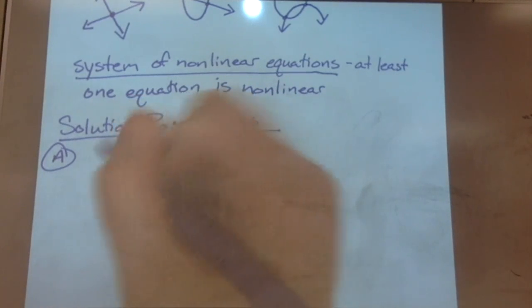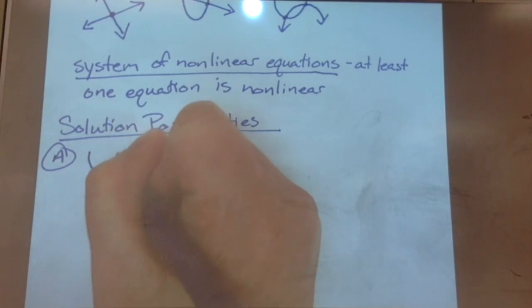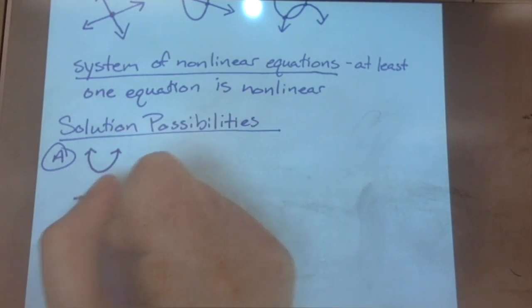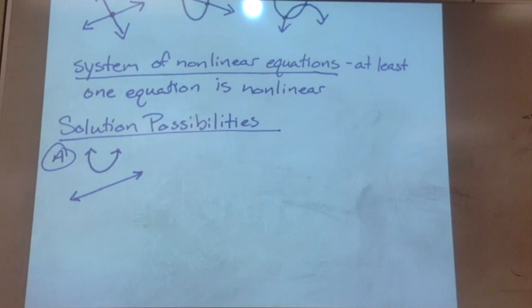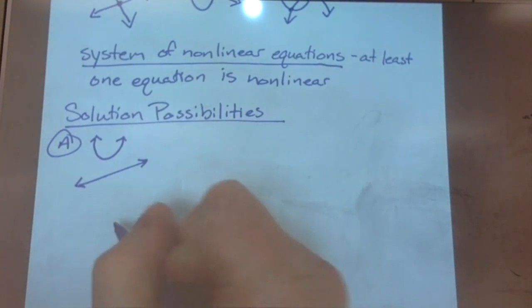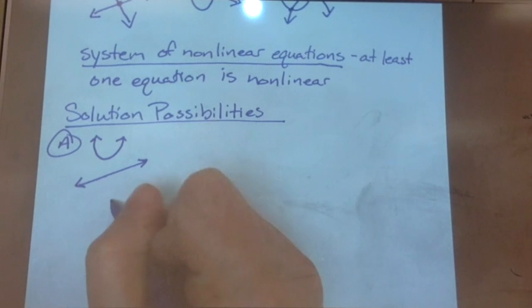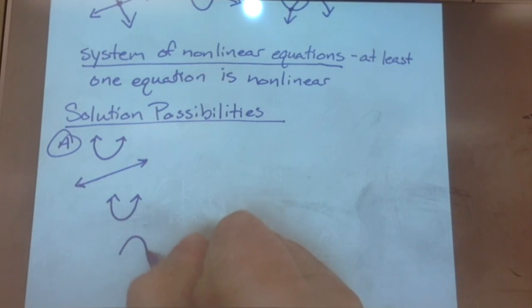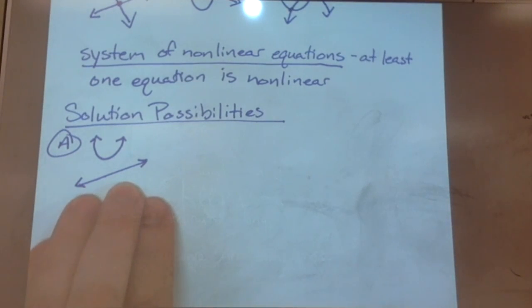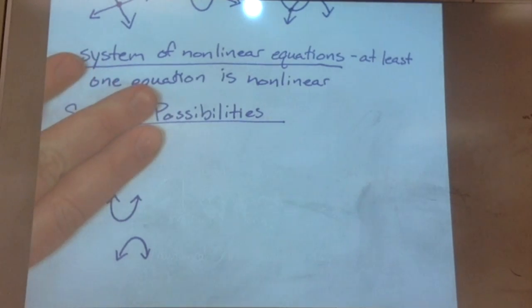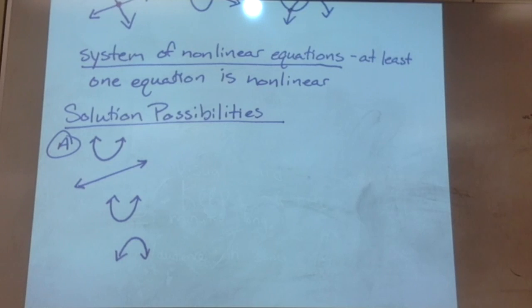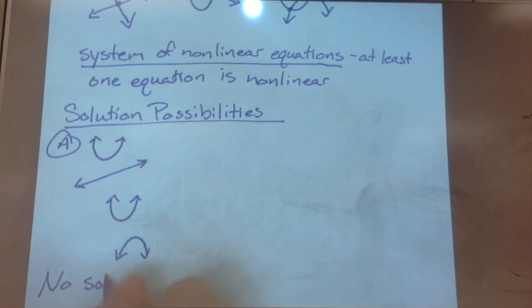If you have a parabola and a line that never goes through that parabola, or 2 parabolas where one is above the other so that they never intersect. If we define the solution to a system of equations as where they intersect, and they never intersect, there is no solution, right? So that would be no solution.